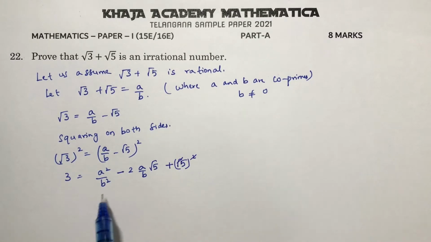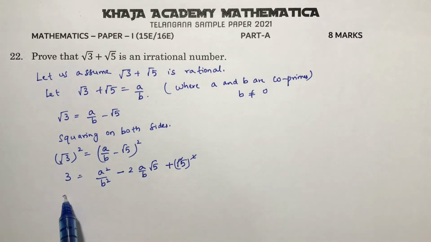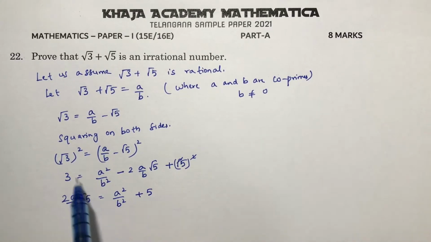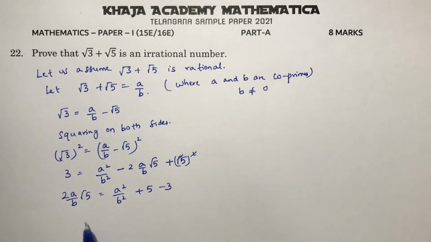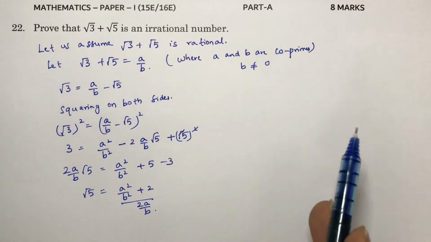Square root cancels. Now here we have only one root 5 and it is negative. So transpose this. So 2a by b root 5 equals a square by b square plus 5 minus 3. Now root 5 equals a square by b square plus 2 by 2a by b, which is a contradiction, because a and b are co-primes integers.